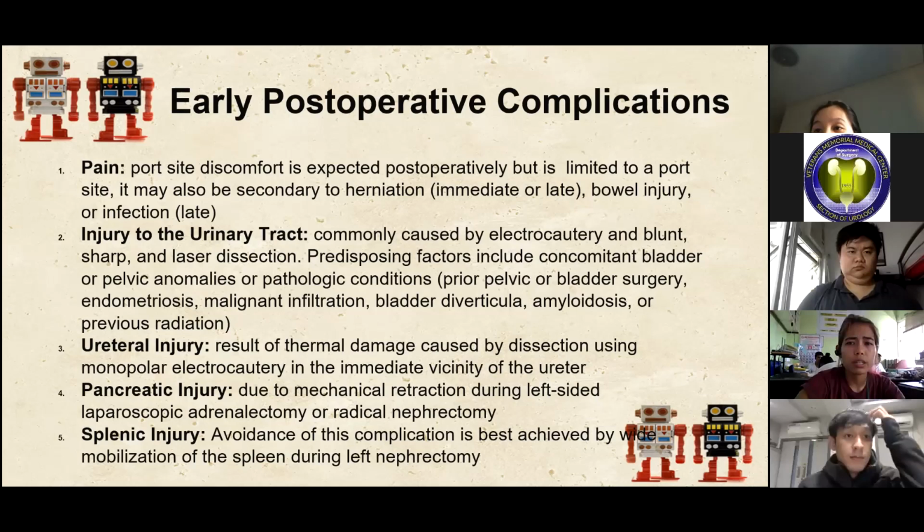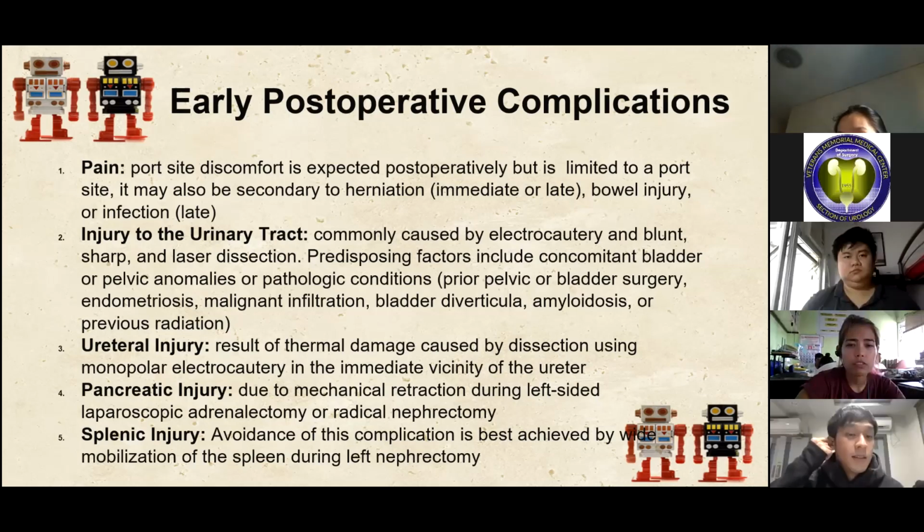Ureteral injury, a result of thermal damage caused by dissection using monopolar electrocautery in the immediate vicinity of the ureter.